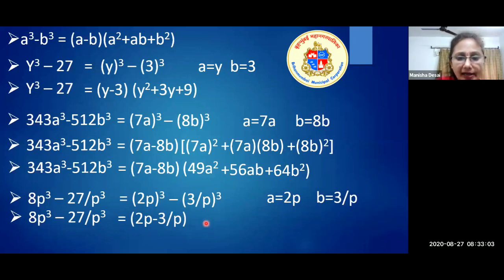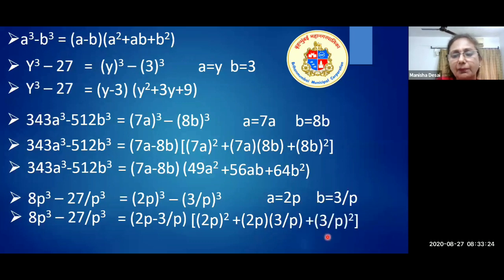A square can be written as 2p the whole square, plus ab. Plus ab means plus 2p into 3 upon p, and plus b square, that is plus 3 upon p the whole square.